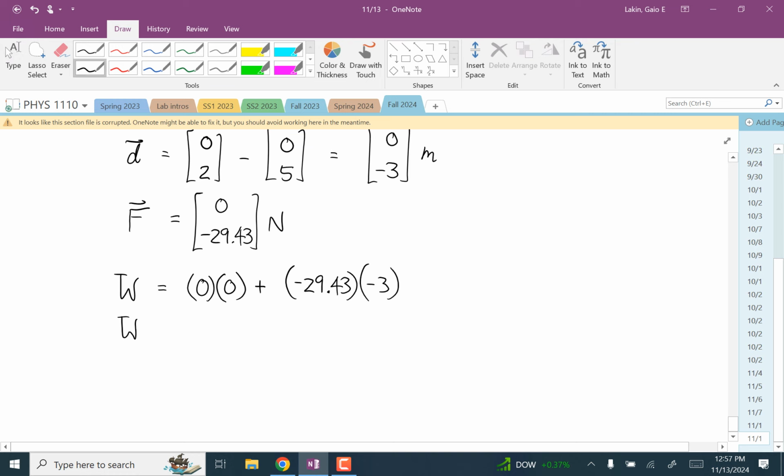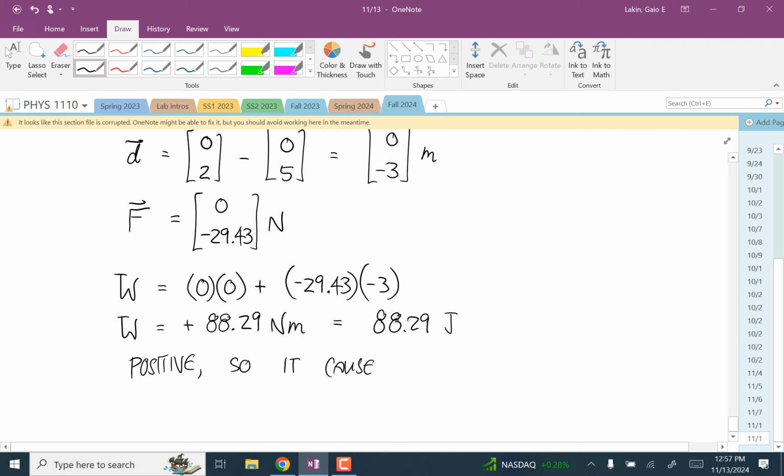And so we get a work of positive 88.29 Newton meters, or Newton meters are joules, so 88.29 joules. Positive, so it caused an increase in energy.